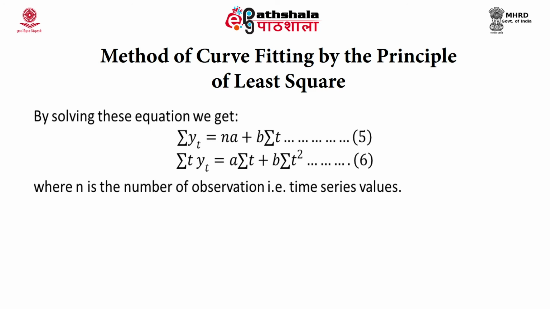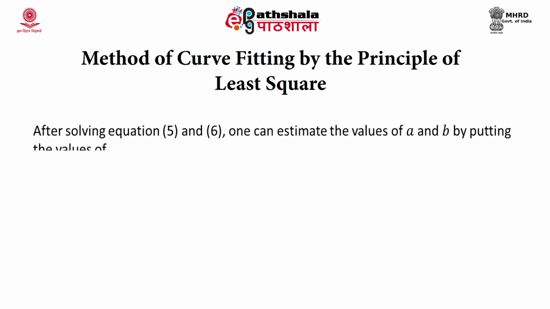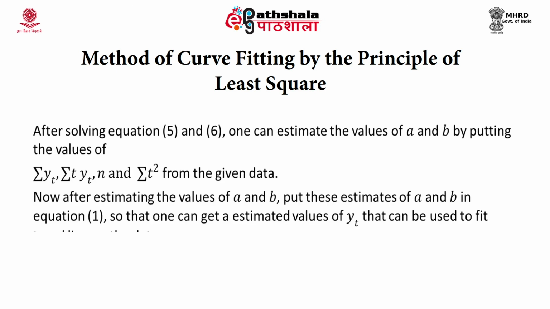So, t square is equal to 16, 4, 0, 4, 16, with a total of 40, and yt is found by multiplying production by t: 16 into minus 4, 18 into minus 4... 21 into minus 2, 23 into 0, 27 into 2, and 16 into 4, giving a total of 105 for the sum of t into yt, with the sum of t square being 40.